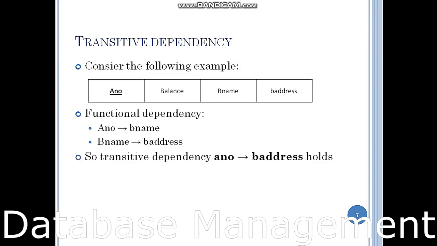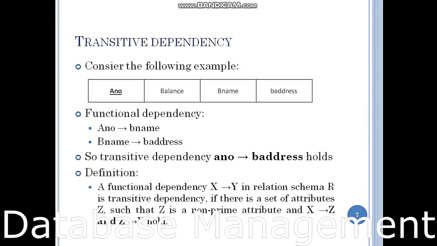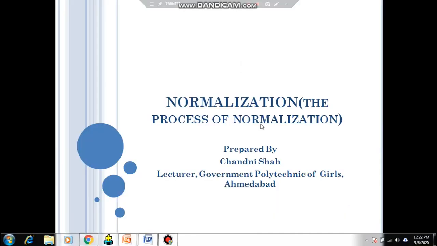So the transitive dependency, account number to branch address, holds. Definition. A functional dependency x to y in relation schema R is a transitive dependency if there is a set of attributes z such that z is a non-prime attribute and x to z.